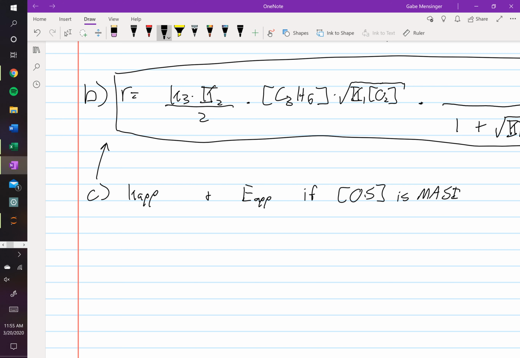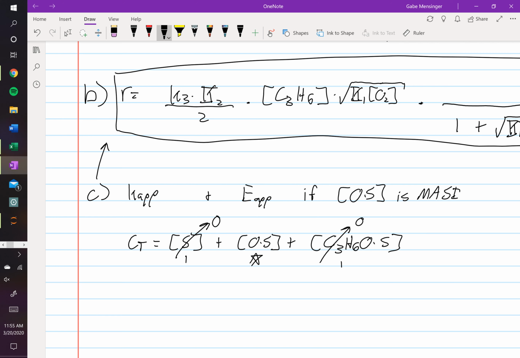So if OS is massy, going back to the full site balance, that essentially assumes that OS is so much larger than our S and acetone species on the surface that they essentially go to 0. Any contributions from them are negligible, and CT is essentially just equal to OS.